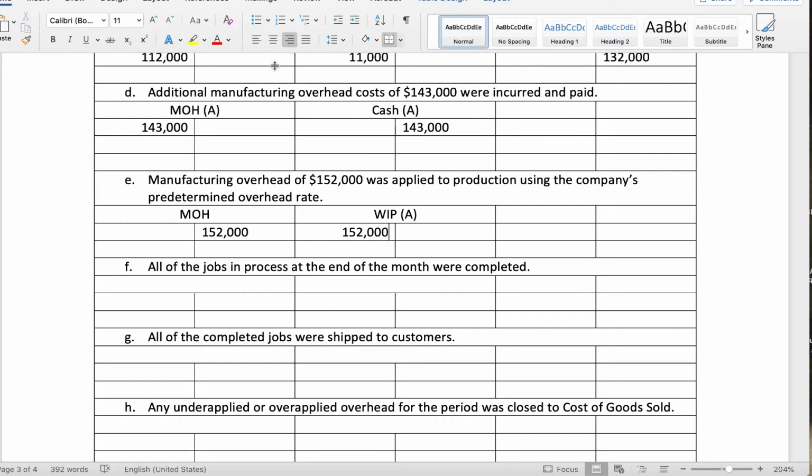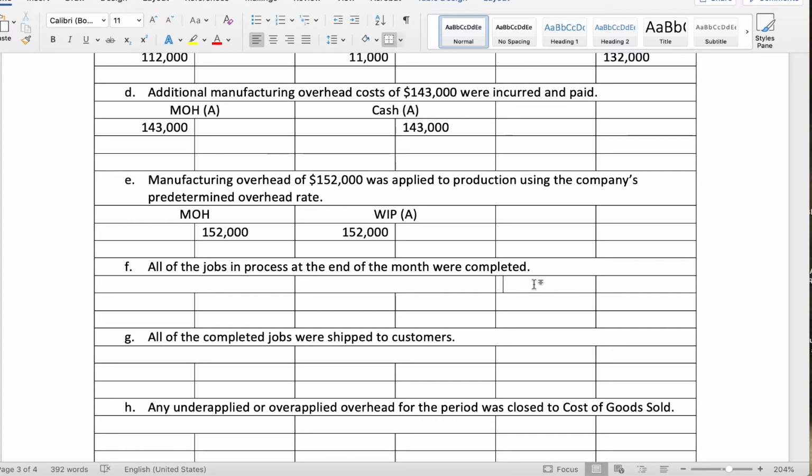Okay, now F says all of the jobs in process, or the work in process at the end of the month, are completed. Okay, so here's what I want to do. Right here, you don't have to put this in your study guide, this is just for me, I want to show you.